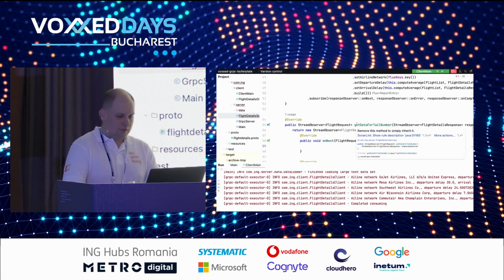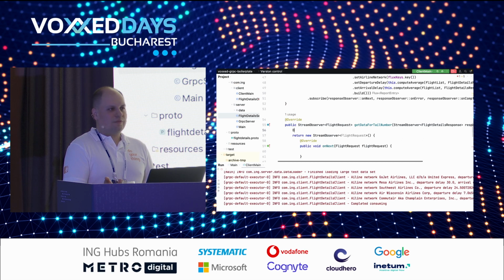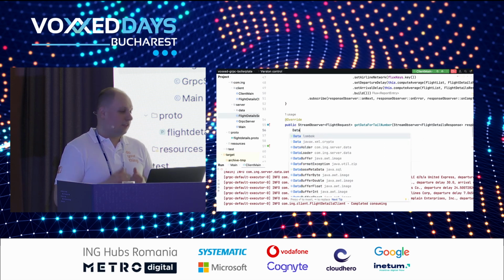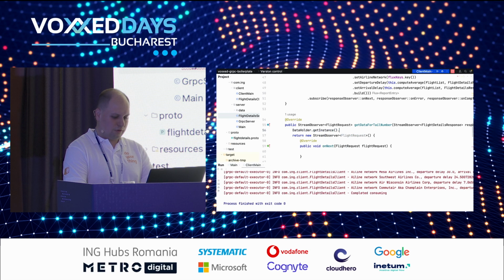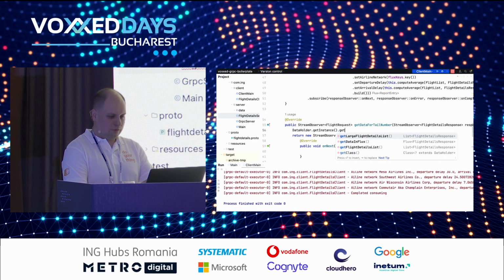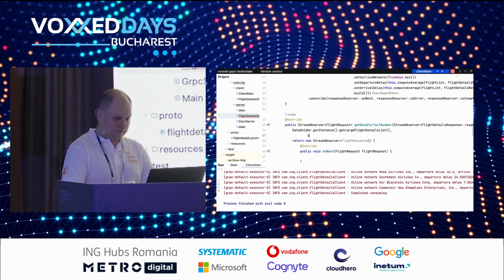And let's take the information again. What we are going to implement here is that I'm receiving a tail number and I need to send information about it. Get instance, get a large flight. I think I also have, no, I don't have it, okay. And now what I want to do is create a map out of it, because I don't want to waste time.